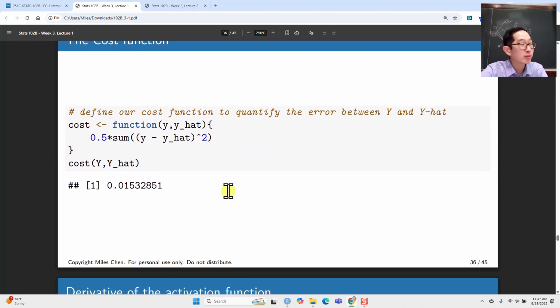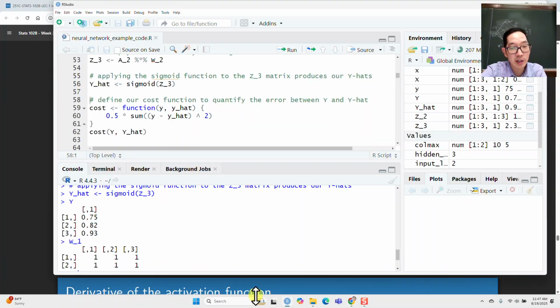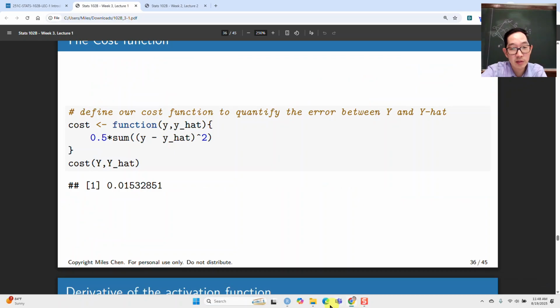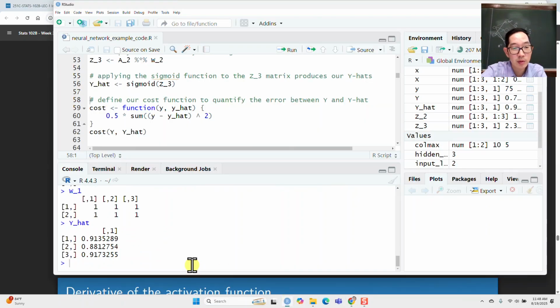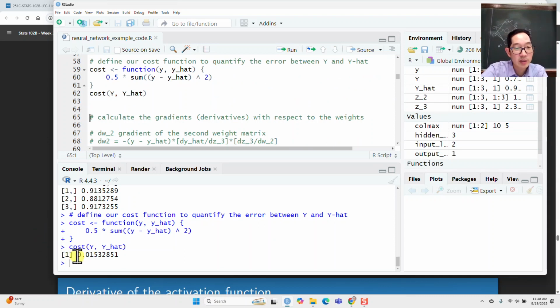Okay, so we have our cost function, which is going to be Y minus Y hat squared, and we'll take the sum of everything, and we'll calculate our current cost. So right now our current cost between Y and Y hat is 0.0153.